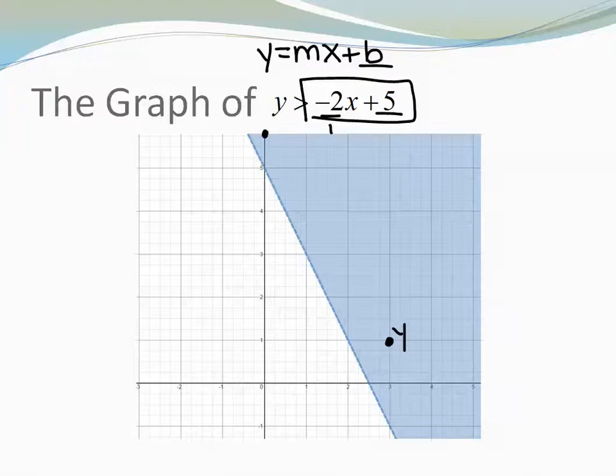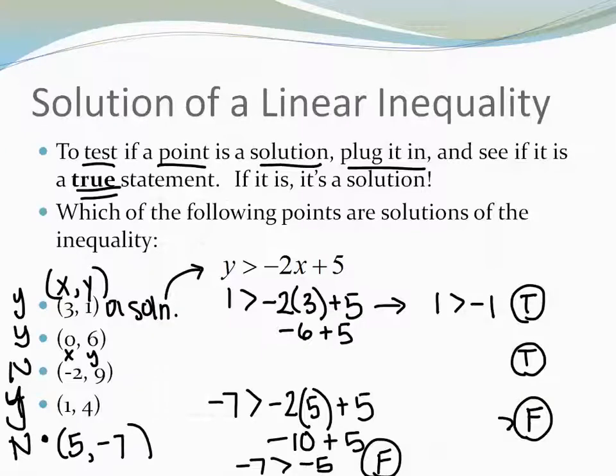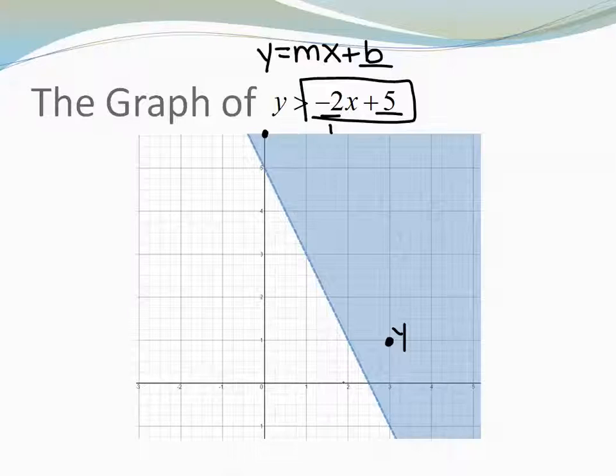Some of these points I could see were not going to fit, but that's okay. We had negative 2, 9, which was a no. Here's negative 2, 9. Somewhere up here was a no.